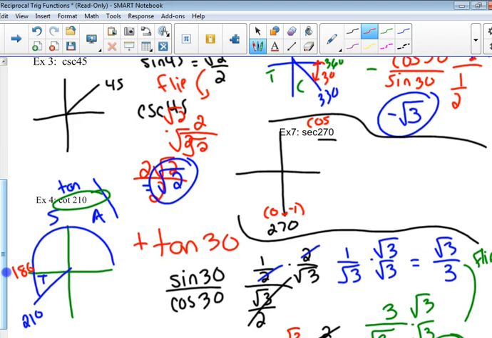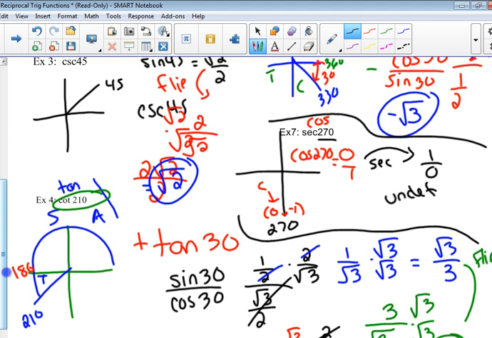What's the cosine of 270? 0. So cos 270 equals 0. To find the secant, flip it, so we get 1 over 0. But what is anything with a 0 in the bottom? Undefined. Good job. So your answer here is undefined. I know, it's a little weird.